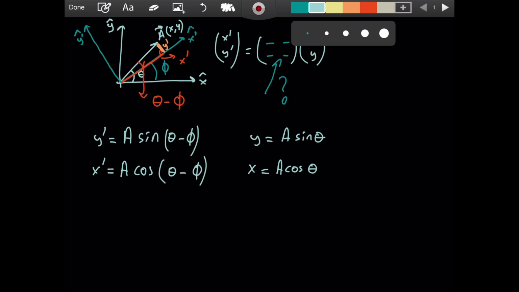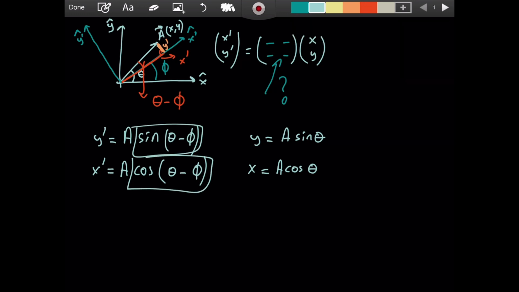So now I want to open up this expression and this expression. Let's do that. So x prime is going to be A, and what is cosine theta minus phi? I have a video where I derived the formula for this. You can access that video from the cards right now and also from the descriptions part. And same thing goes for sine of theta minus phi.